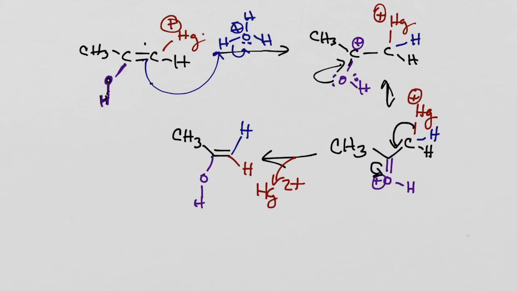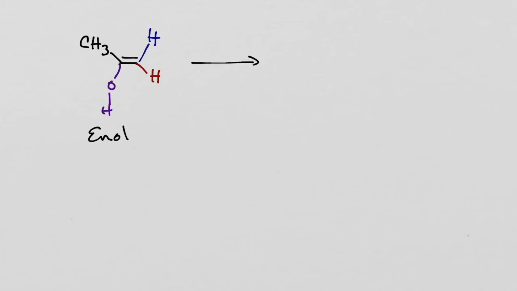Now, this is our enol, and this is what we need to tautomerize in the next step to make the keto form, which is what we're going to think about as the product. So again, here's our enol form. In the presence of acid, and there's still acid in this solution, we're going to have something that looks a lot like the alkene hydration.